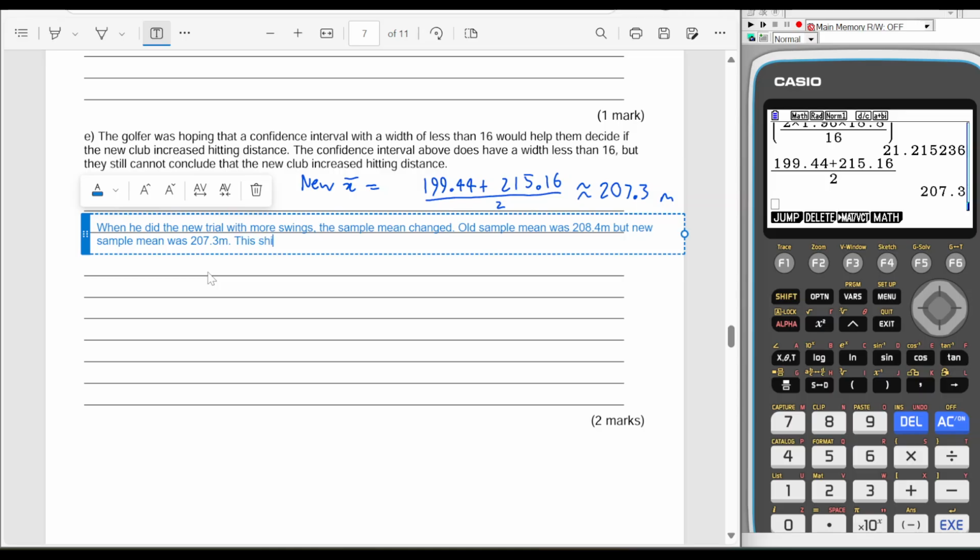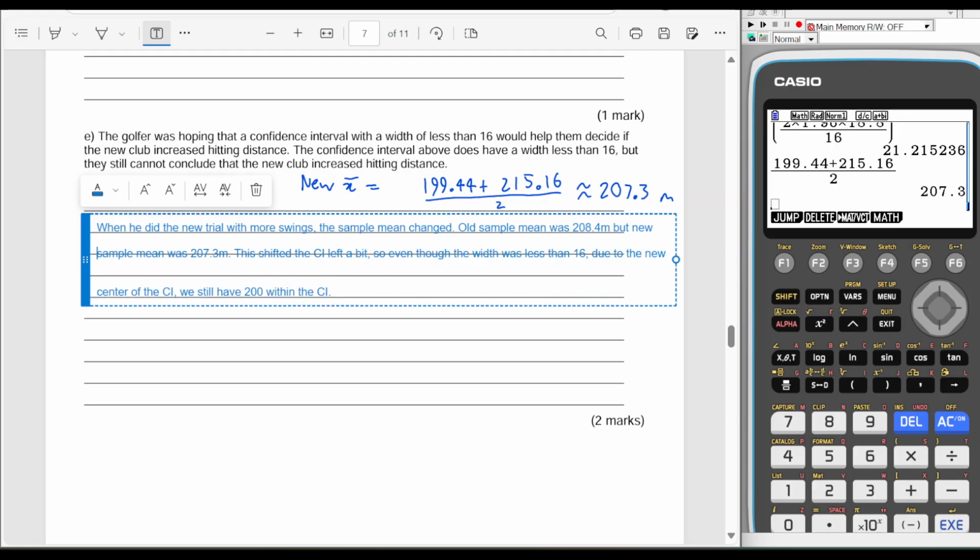This shifted the confidence interval left a bit. So even though the width was less than 16, due to the new center of the confidence interval, we still have 200 within. So that's what happened. And this is a really important thing about confidence intervals.